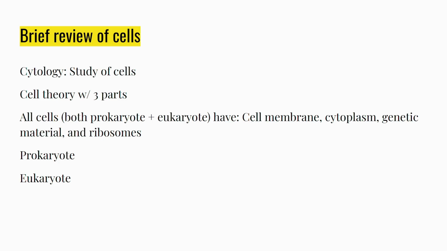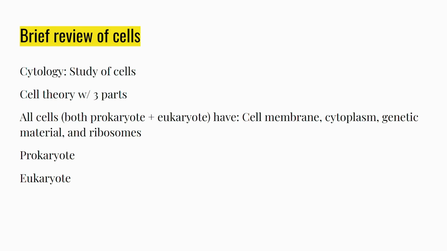Eukaryotes. Eukaryotes have several internal structures and organelles, including but not limited to a nucleus, ribosomes, Golgi apparatus, etc. They contain an actual true nucleus and they have chromosomes. They reproduce either sexually or asexually, so meiosis or mitosis.